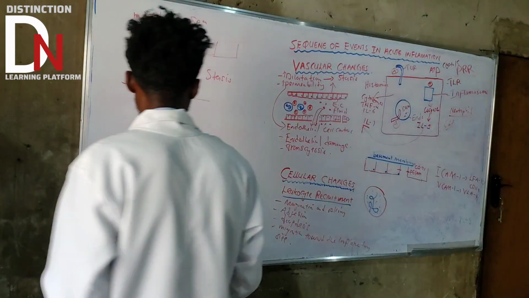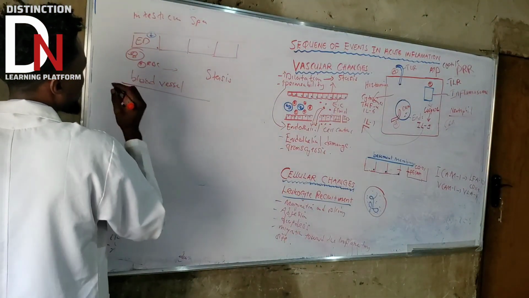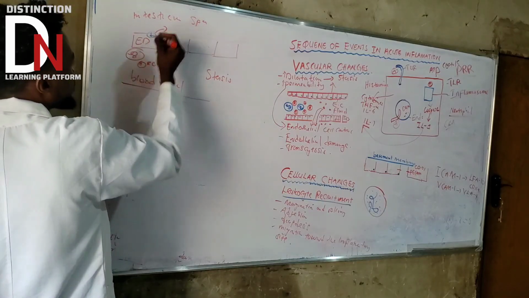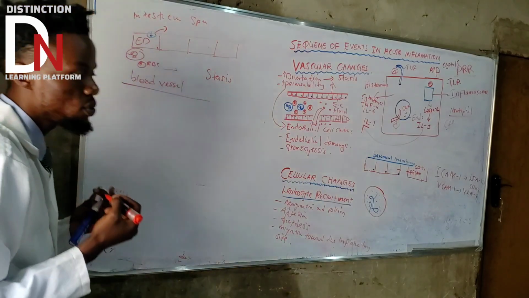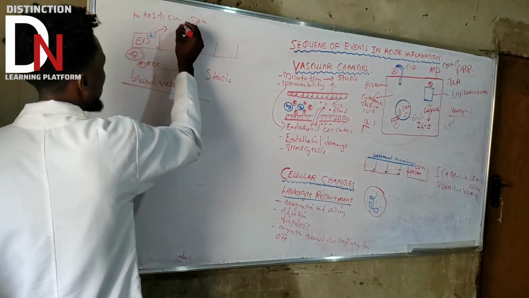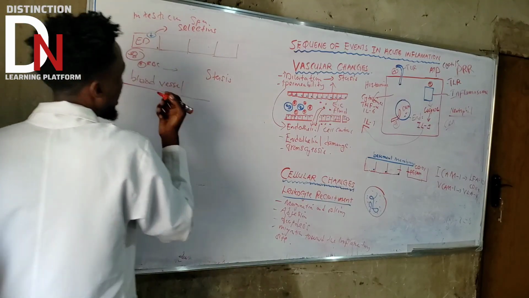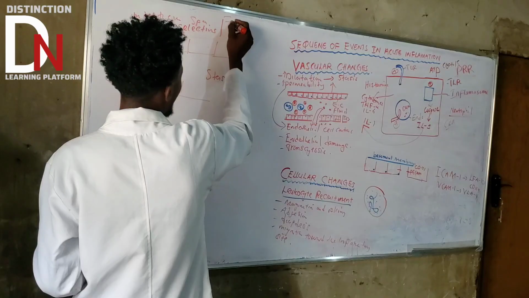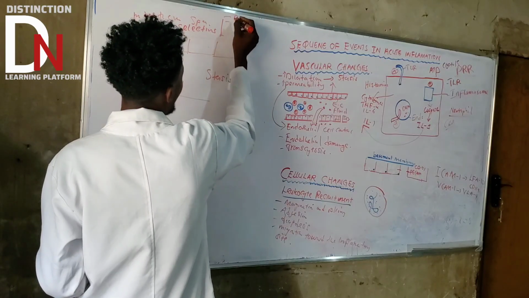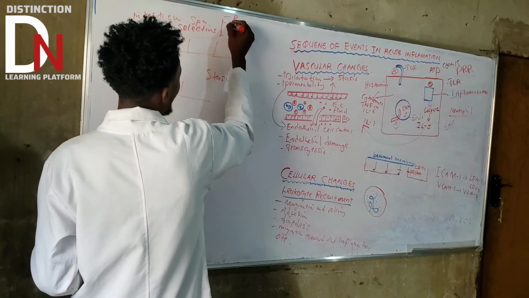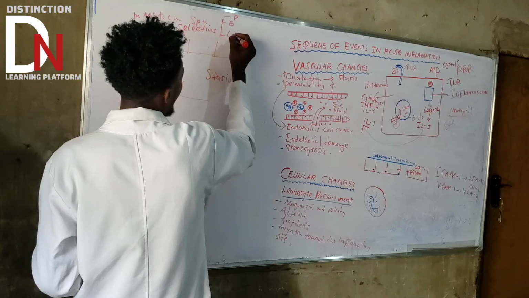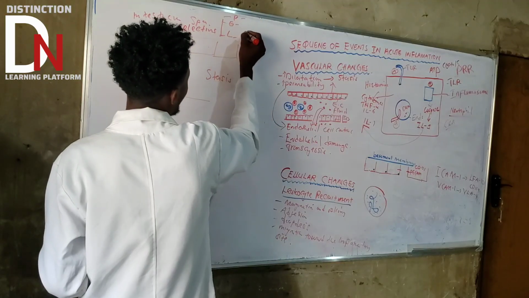We call them selectins. There are three different types: P selectins, E selectins, and L selectins.